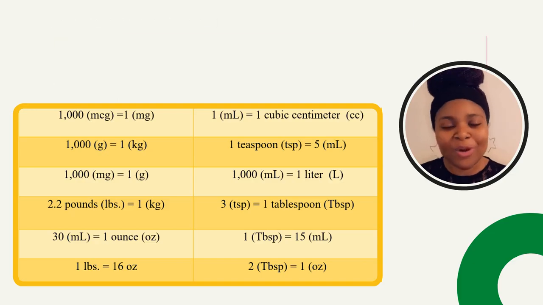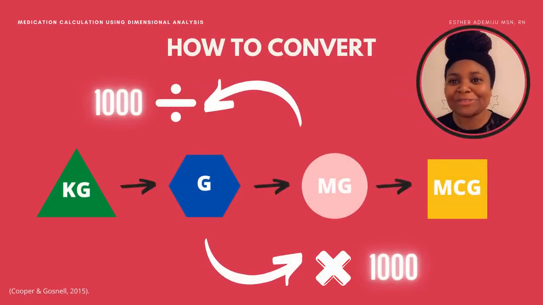There's so much more. Right here on the screen is a pictorial representation of how you can easily do your conversions. So you have kilogram, gram, milligram, and microgram. Kilogram is the biggest, and we go down the line. I like to think of kilogram as the dad, gram as the mom, milligram as the baby sister, microgram as the baby brother. All right, so if you were going from kilogram to gram, for example, if you had to convert 10 kilograms to grams, you would multiply by 1,000, and that would give you 10,000, going from big to small.